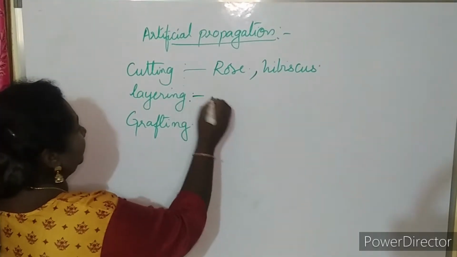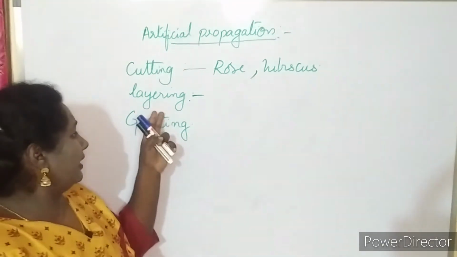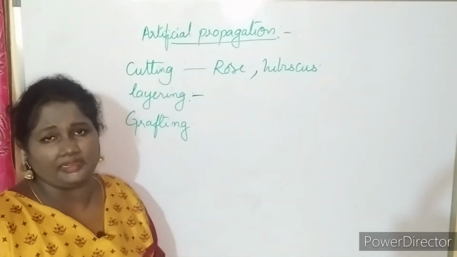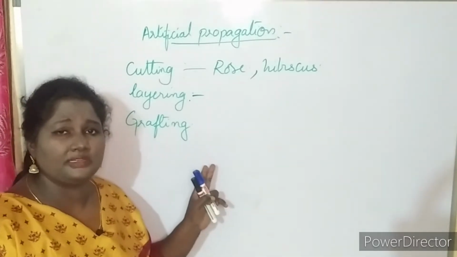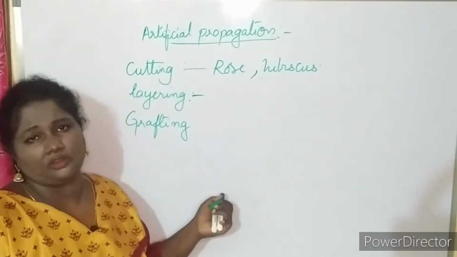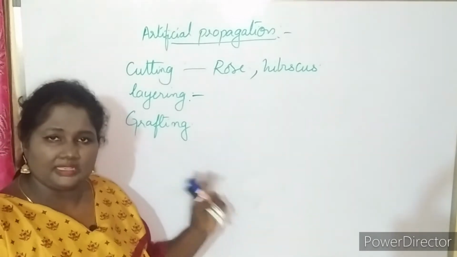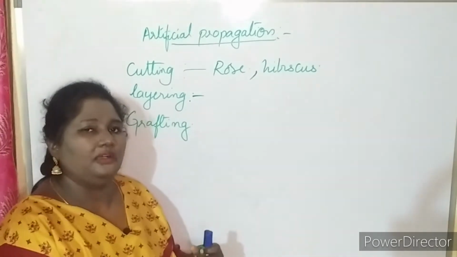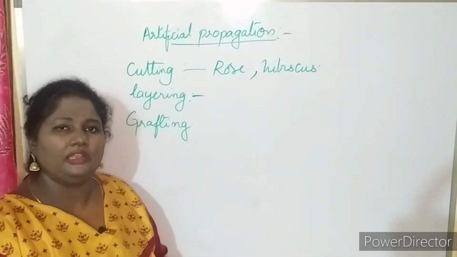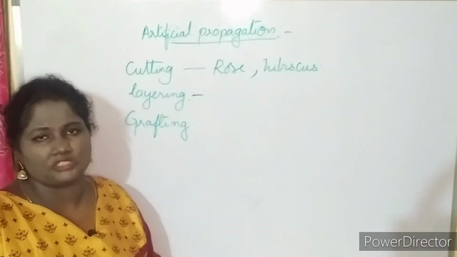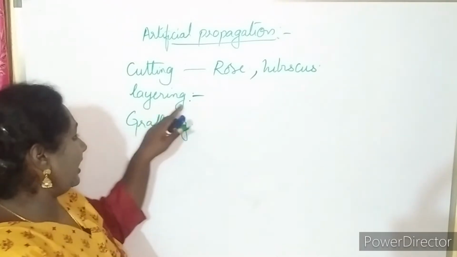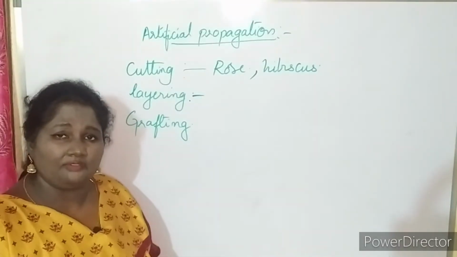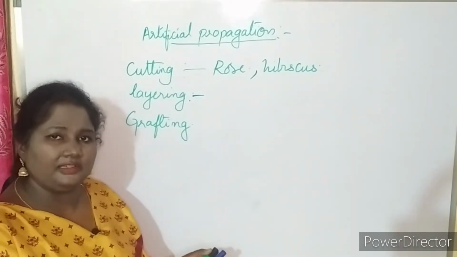Coming to layering, it is similar to cutting. In natural vegetative propagation, the weaker stems come in contact with the soil, new adventitious roots grow, and it grows into a new plant. In the same manner, in layering the farmer himself takes the weaker stems.